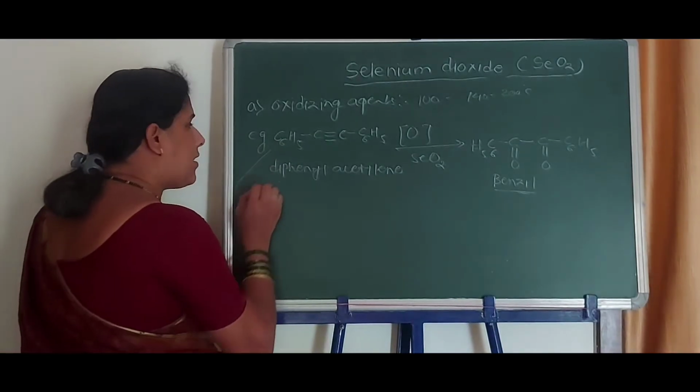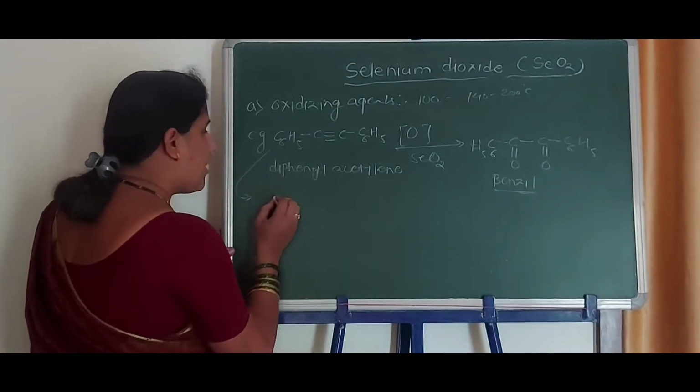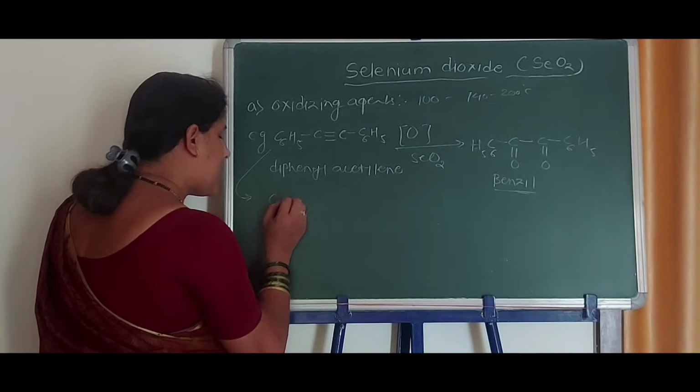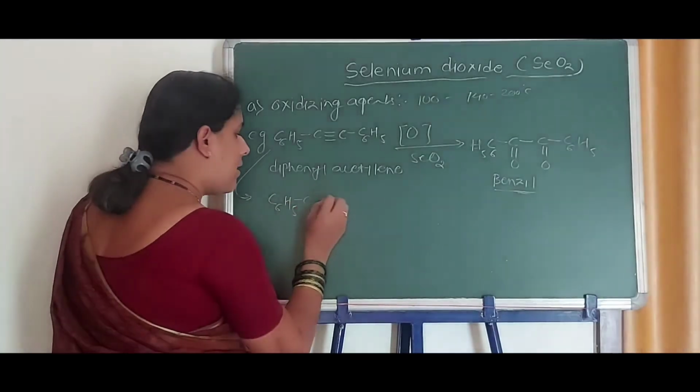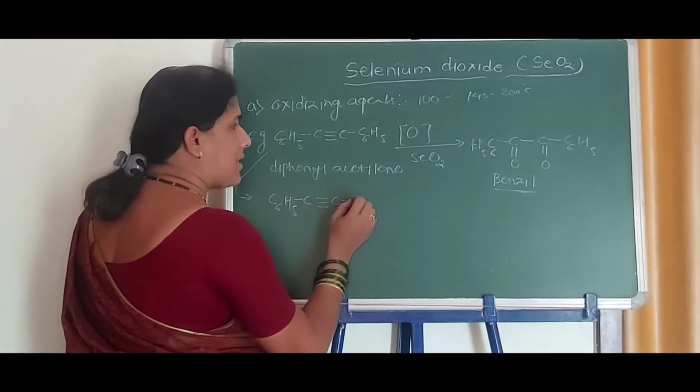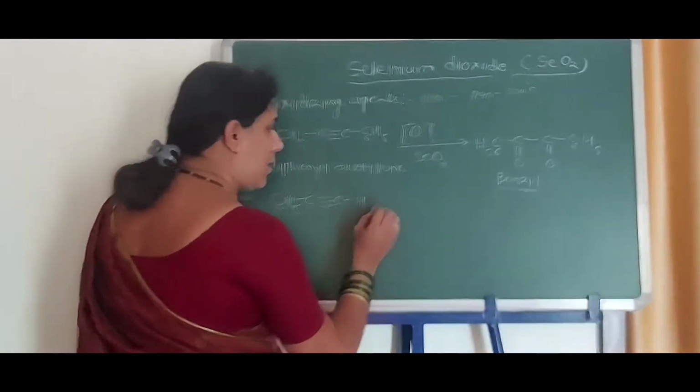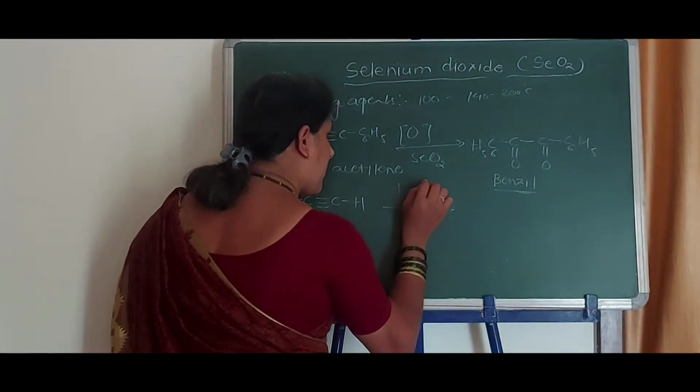Again, if we take the monomer, that is phenyl acetylene, C6H5 C triple bond CH.